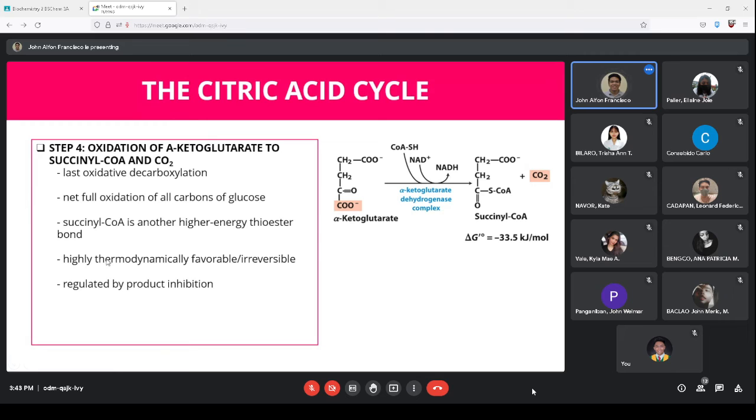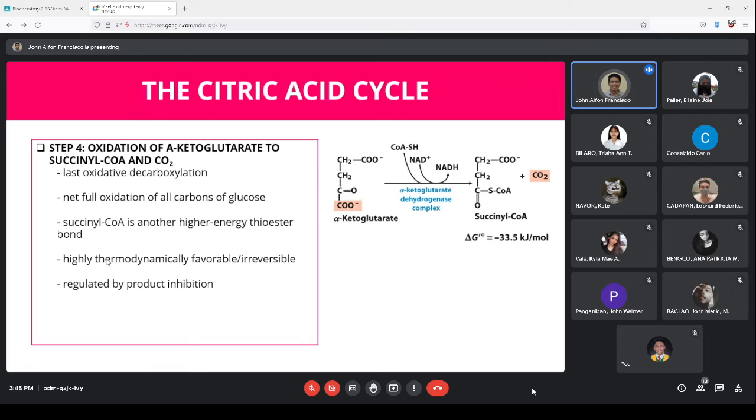So as you can see, marami na tayo so far na mga thermodynamically favorable or irreversible reaction. It can give us idea din na kung saan marami tayong certain point na pwedeng ma-regulate para hindi mag-continue yung reaction.